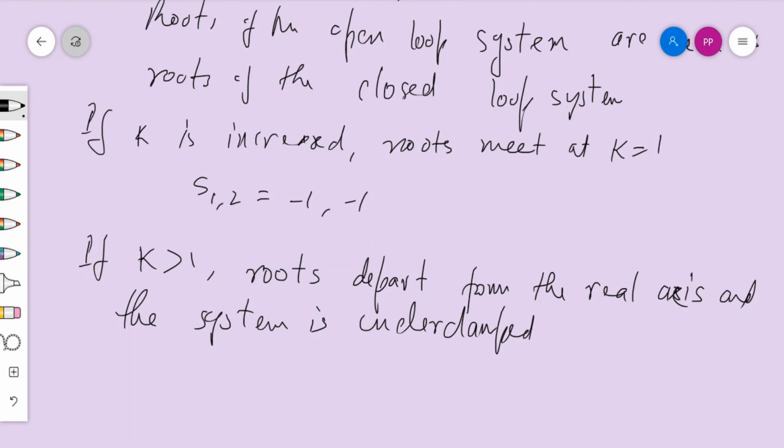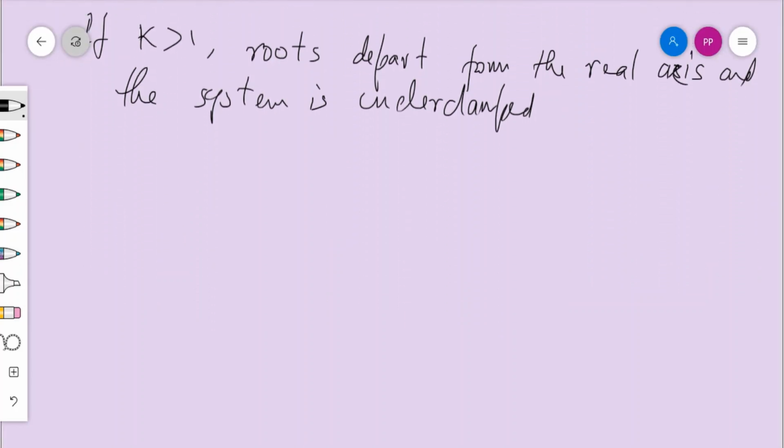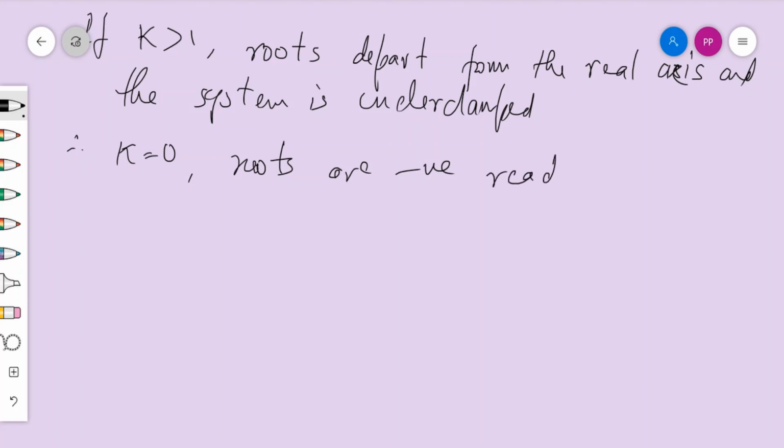So naturally we can summarize this like the three situations. When k equals 0, the roots are negative, real and distinct, that is 0 and -2.